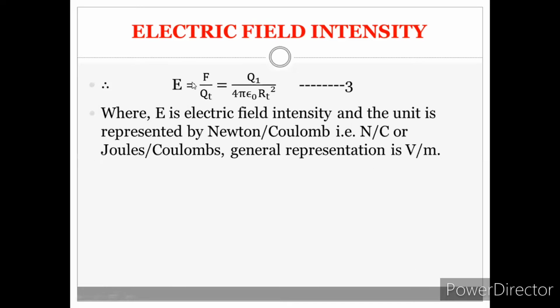So we can denote this force per qt as E, the electric field intensity, and it is also given as q1 by 4 pi epsilon naught rt square. The unit is Newton per Coulomb, or frequently used joules per Coulomb, or in general we represent that in terms of volt per meter. And this is the electric field intensity definition we have.